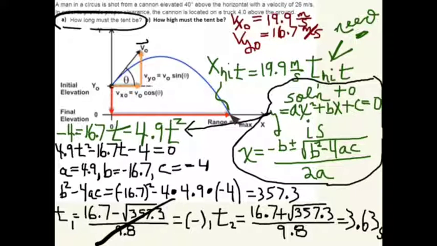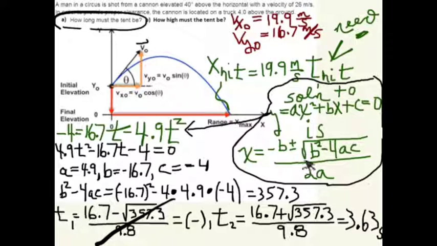The 2 real solutions include a positive solution, which is the one that we want because the problem started at t equal to 0 right here when he was fired out of the cannon and became a projectile. The other real solution is negative, and so we need to discard that one.